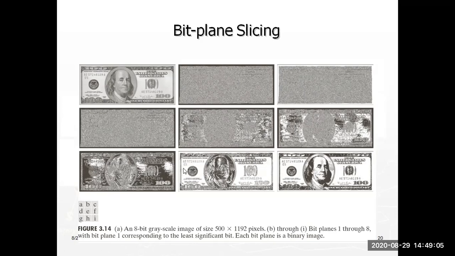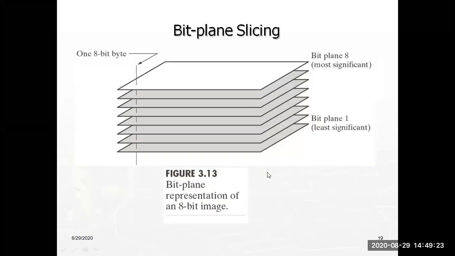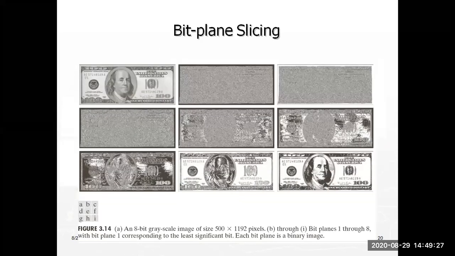Likewise, I am changing bit plane 1, bit plane 2, bit plane 3, bit plane 4, bit plane 5, bit plane 6, bit plane 7, bit plane 8. By changing the bit planes one by one, the image clarity also changes. That is what I am showing here. So what is my transformation technique? Bit plane slicing. Using this, I am taking a $100 image.